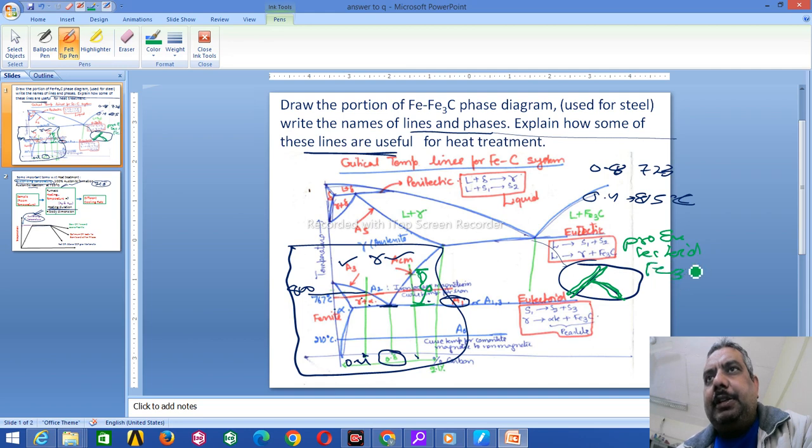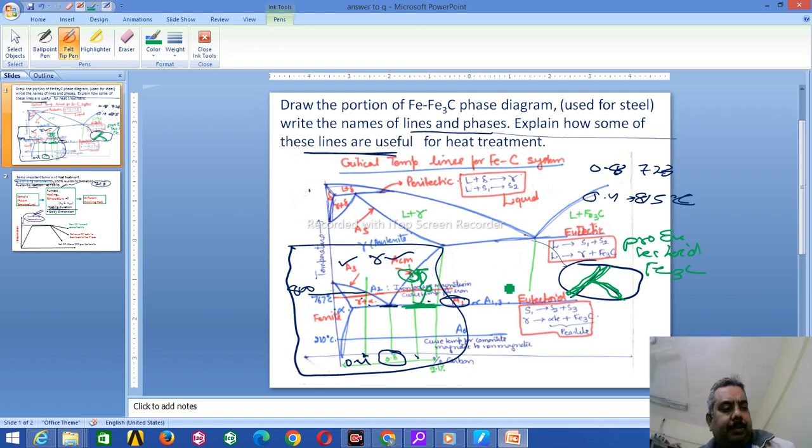They form a network and they may be brittle. Depending upon the temperature and the duration, this network will be very long. If it is a continuous network, it will lead to crack propagation. So either we try to heat it just above the A1 line, or if we are forced to heat it up to ACM, then we have to heat it for a very short duration, so that this network is not formed. So this is the importance of this line.